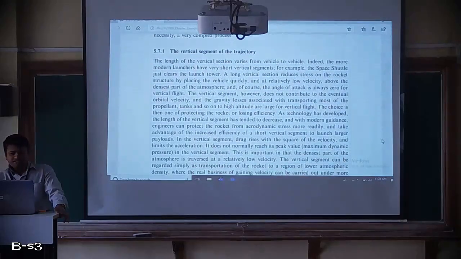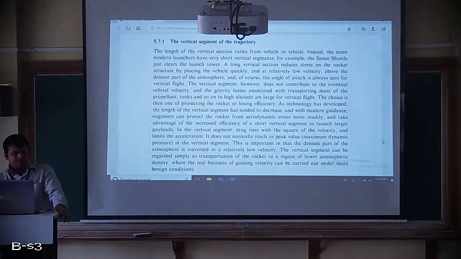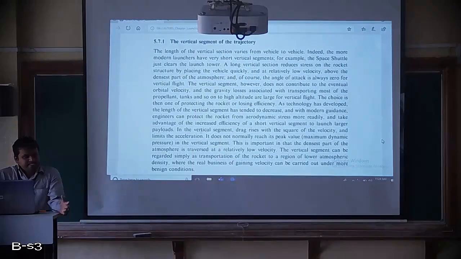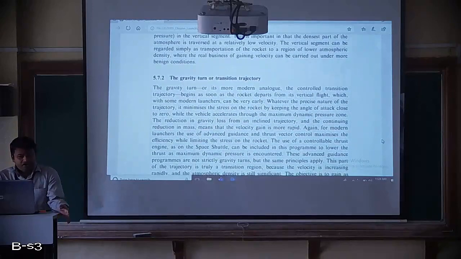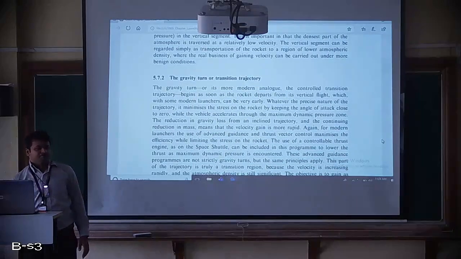The first one is the vertical segment. As I said, the rocket takes off vertically. We will speak about the vertical segment of the trajectory first, and next about the gravity turn or transition trajectory. As I mentioned before, after taking off vertically, it has to orient in some other direction.